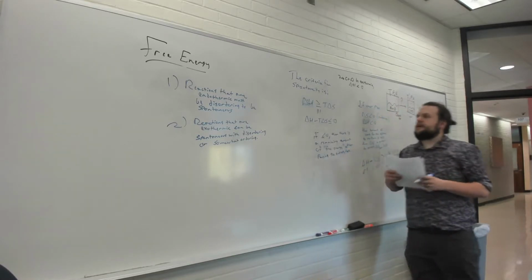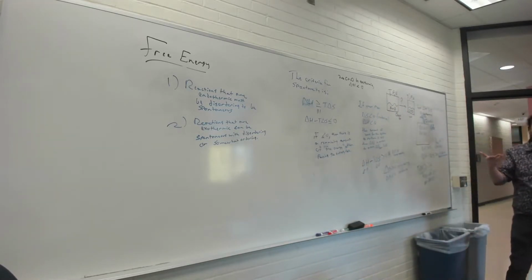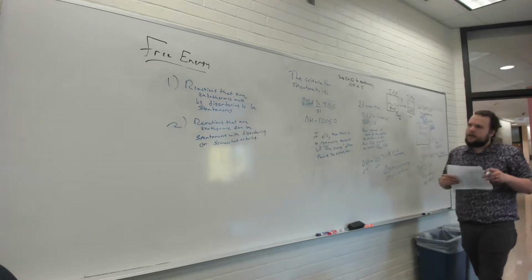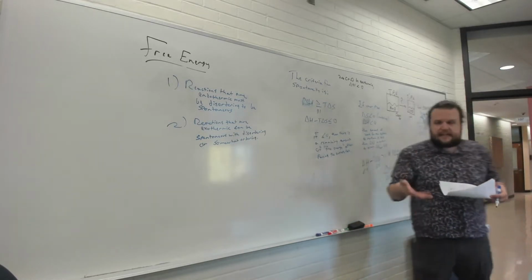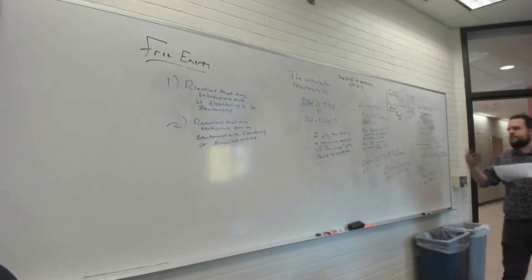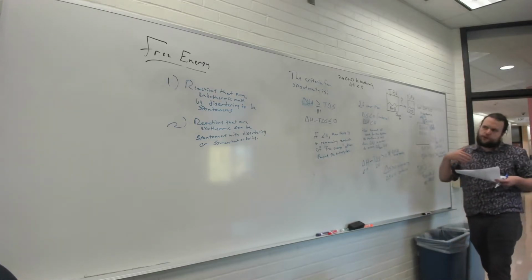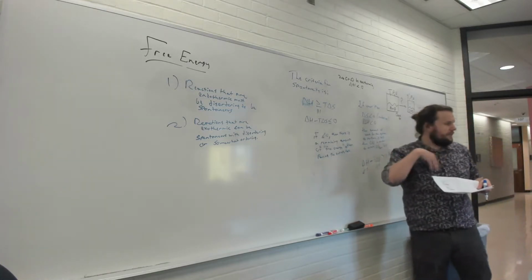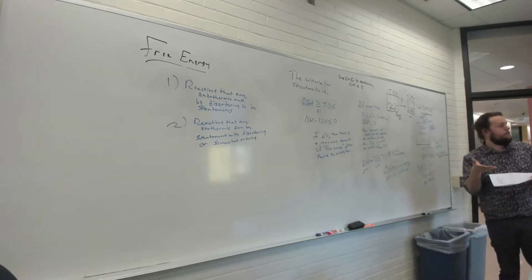So if delta H minus T delta S is greater than 0, what that means is that the system doesn't generate enough heat for you to pay the entropic cost, and now there's a little bit left over that you need to pay to keep it moving forward.